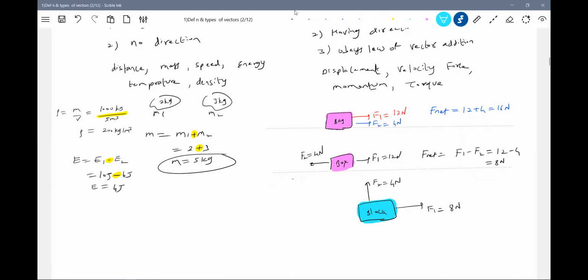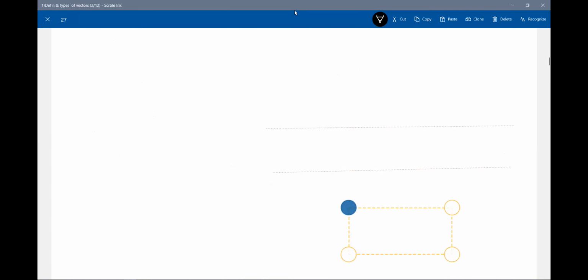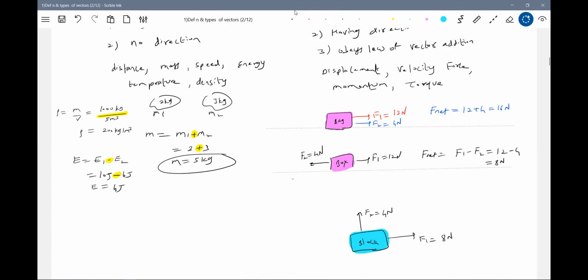This force is acting along the x-axis, and this is along the y-axis.